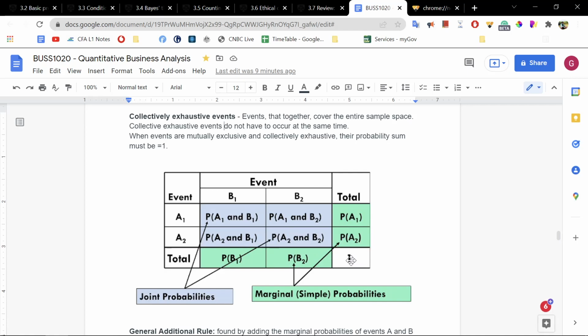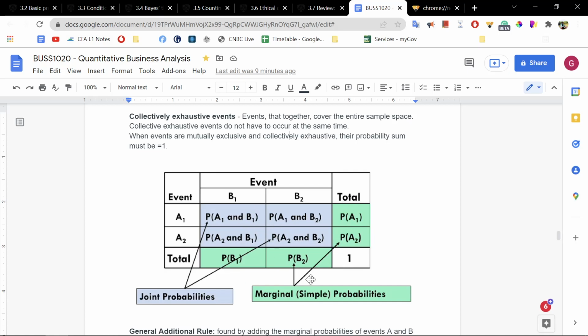Now, the colors define whether these are joint or marginal probabilities, or simple probabilities. Joint probabilities means that two events have to occur. So the probability of A1 and B1 occurring has two characteristics, therefore this is a joint probability. All these blue cells are joint probabilities.